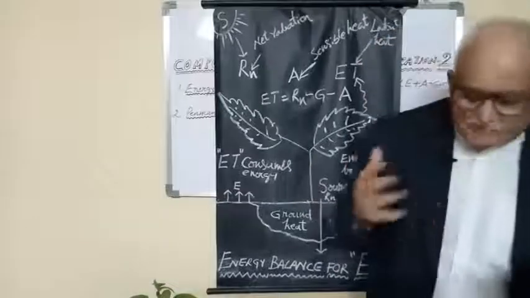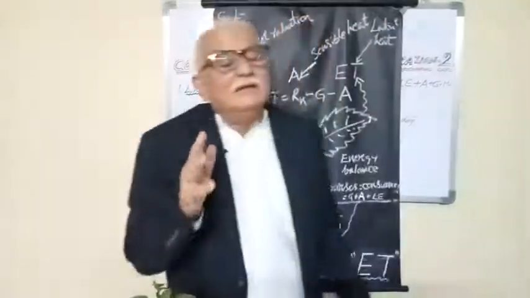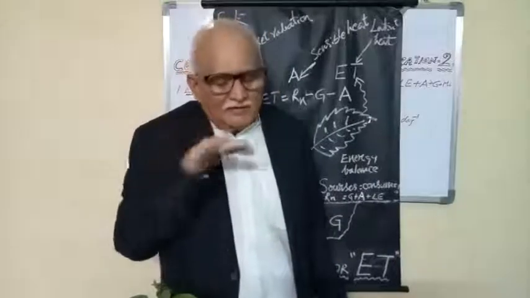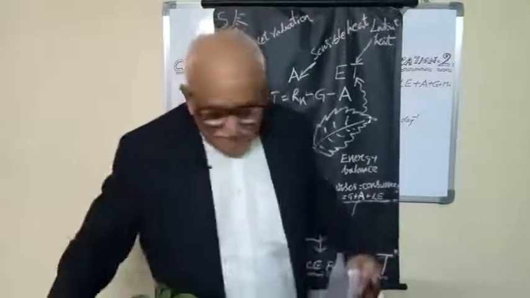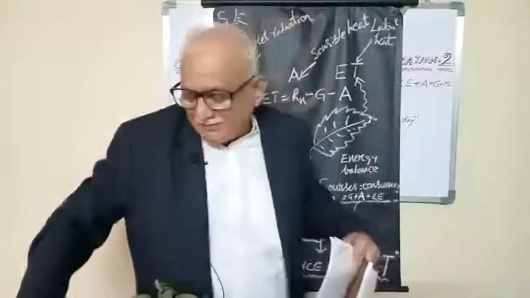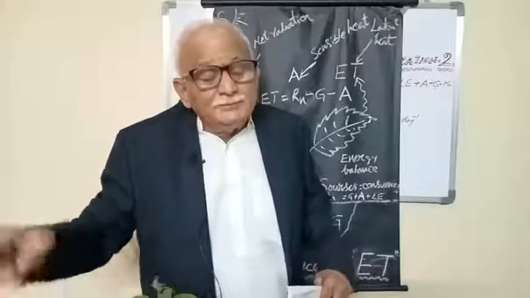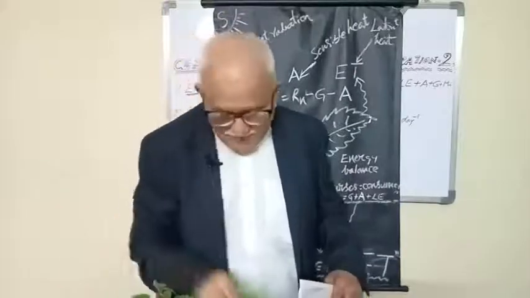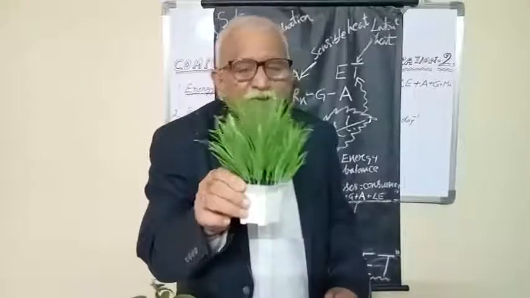As an agro-meteorologist, I told you several times, please understand that E0, evaporation from a free water surface, is in no way our concern. What we are concerned with is ETo, the reference crop evapotranspiration.